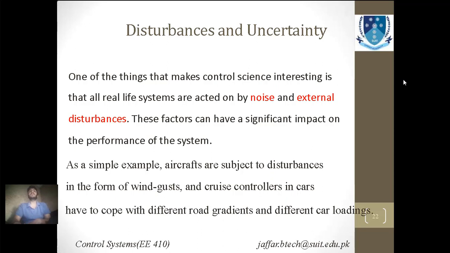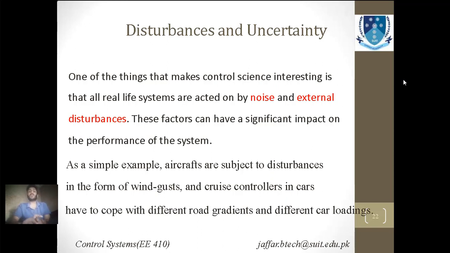Now, what are disturbance and uncertainty? All the other noises, external disturbances that disturb your system, are laid down in the term of disturbance and uncertainty. You do not want your system to perform really badly when it comes to disturbances, because in factories there is heavy machinery and it produces a lot of noise.